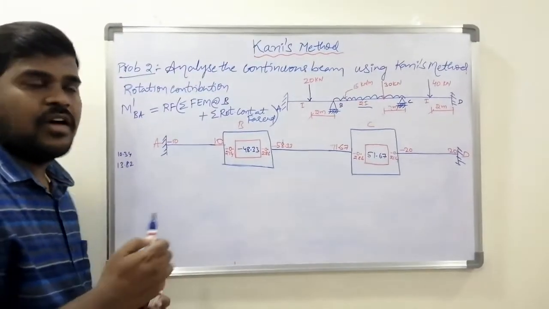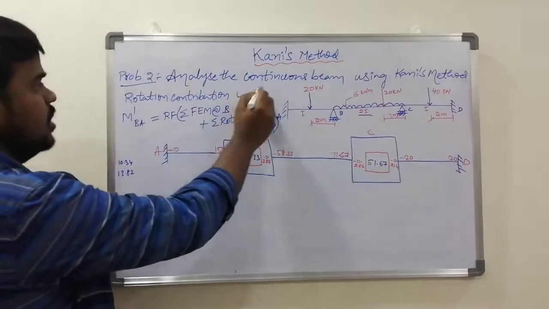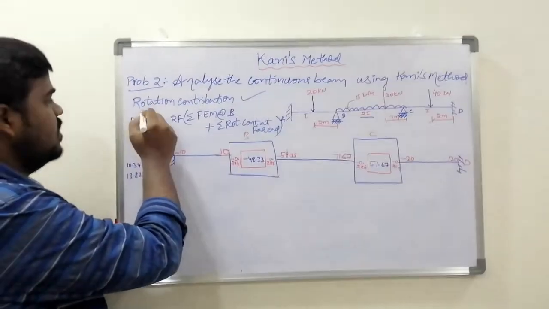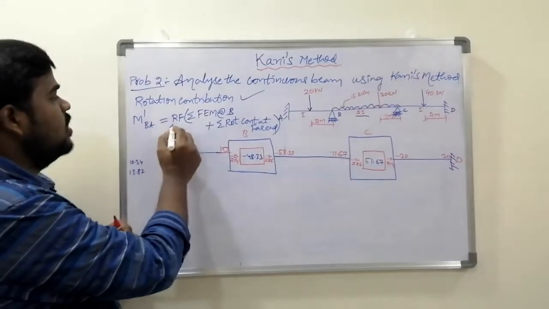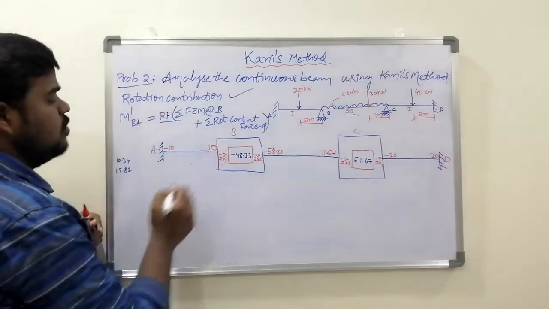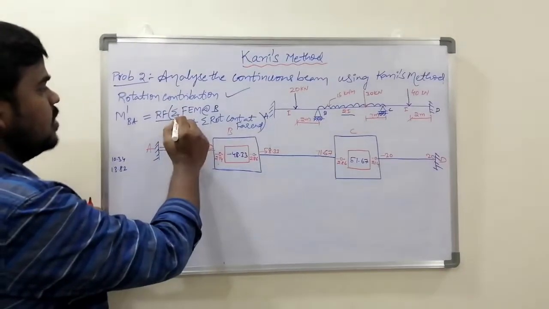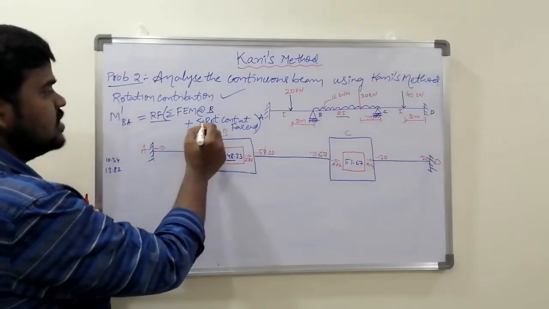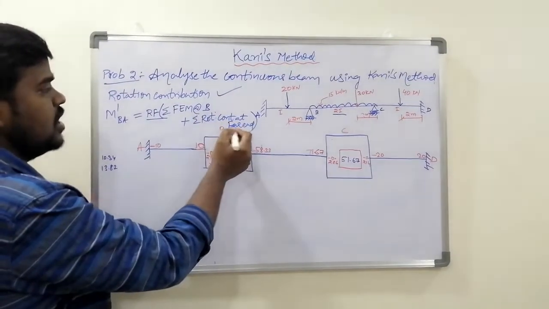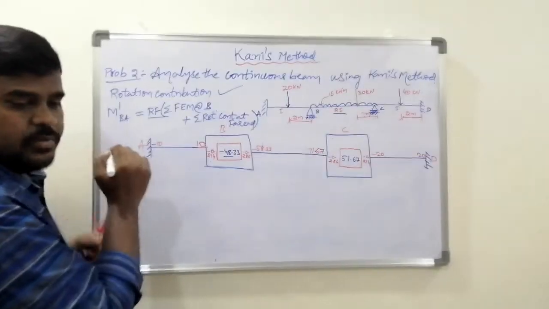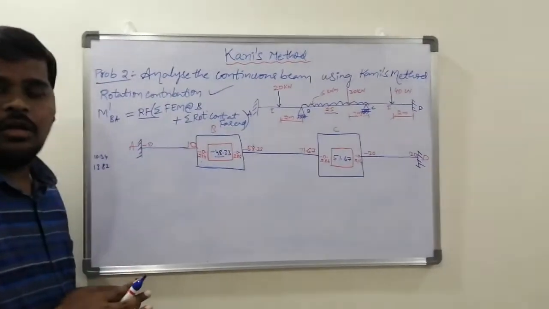Yes, next we have to find the rotation contribution. For that, it is given as M dash BA, that is RF. RF is nothing but this one, minus 0.214, and summation of fixed moments at B, that means this value, plus summation of rotation contribution at far end. At this far end, as it is a fixed beam, we don't have any rotation contribution.